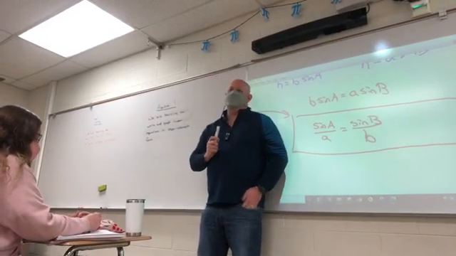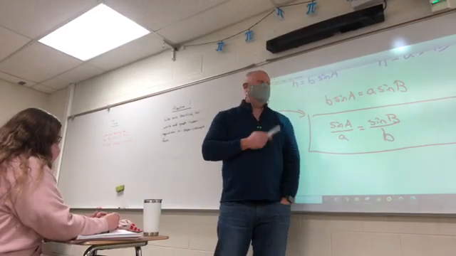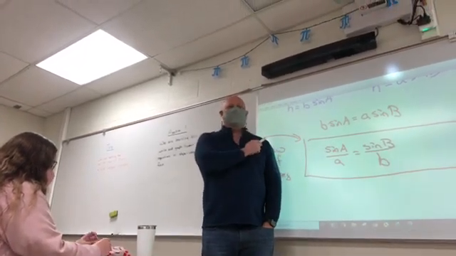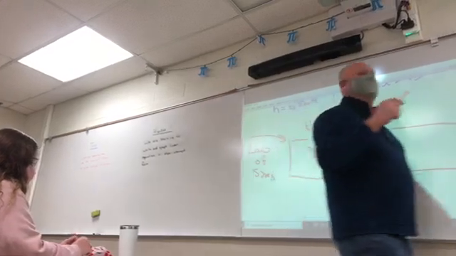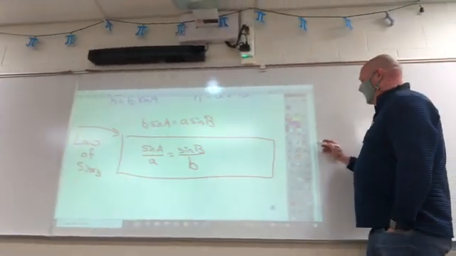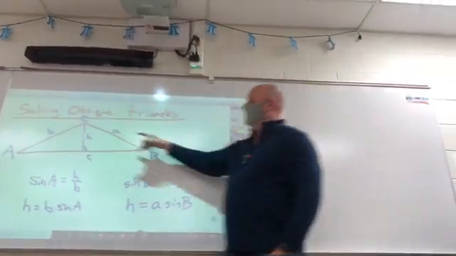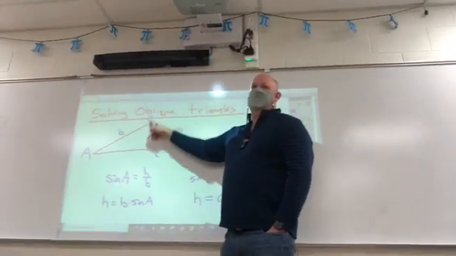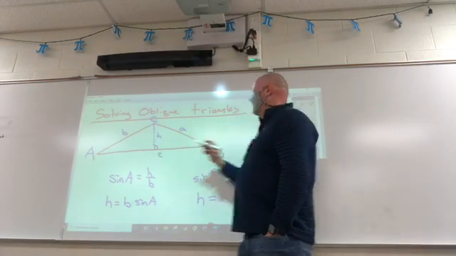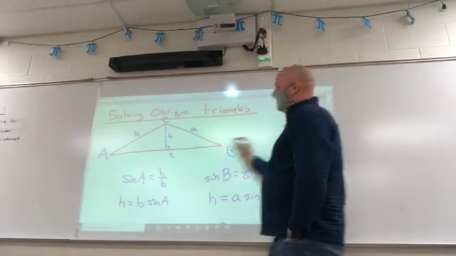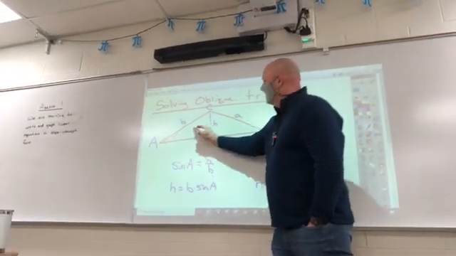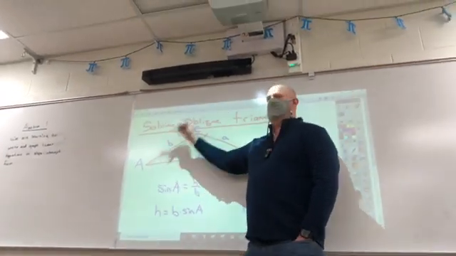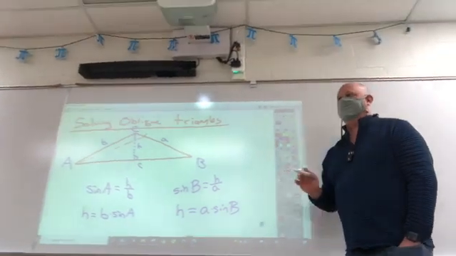What the law of sines basically says, in the exact same math, is that if I did the exact same thing, but instead of drawing this altitude I change it and draw this altitude instead, the math becomes exactly the same.